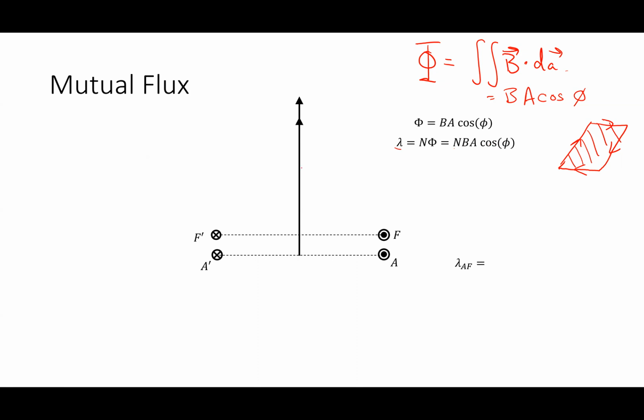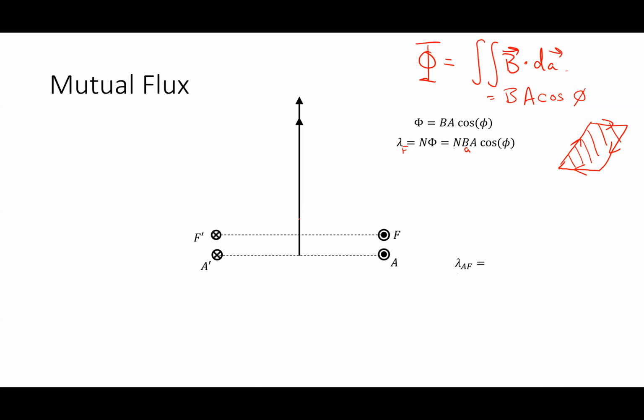So in this particular case, where I've got these two coils, I'm talking about the lambda in F that's coming from the B field produced by A. The way I define this is lambda AF, the flux that's in coil F from the B field in A. What's the phi here in this case? 0, right?